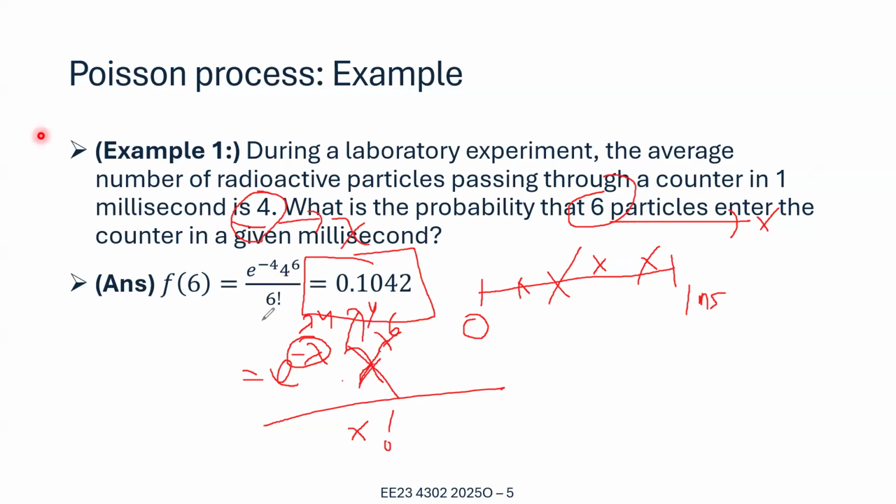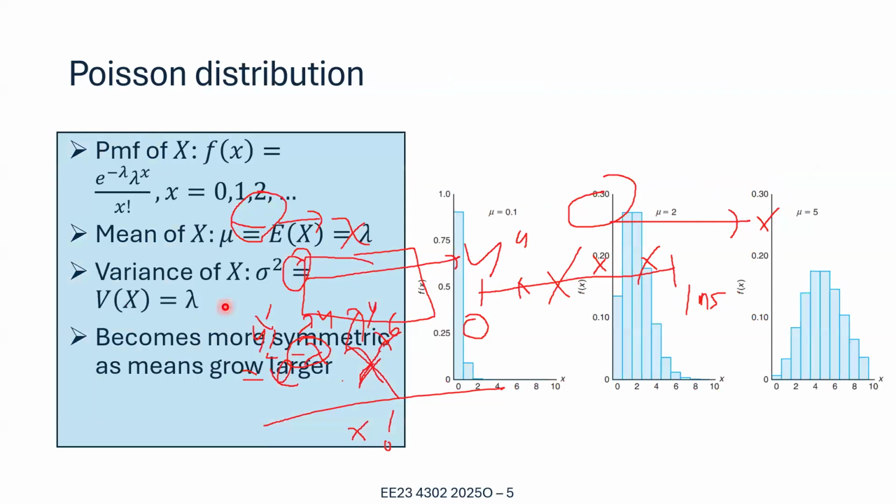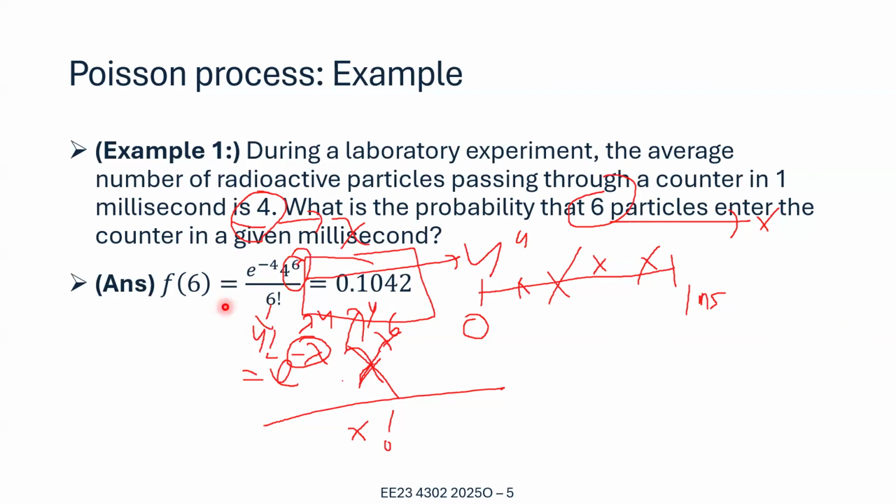We can just plug in this number, so that would be 4 factorial, and here 4 to the power of 4. We can compute that the result here would be quite high, or higher than the probability of 6 that we have here. So that's just one example of the Poisson process.